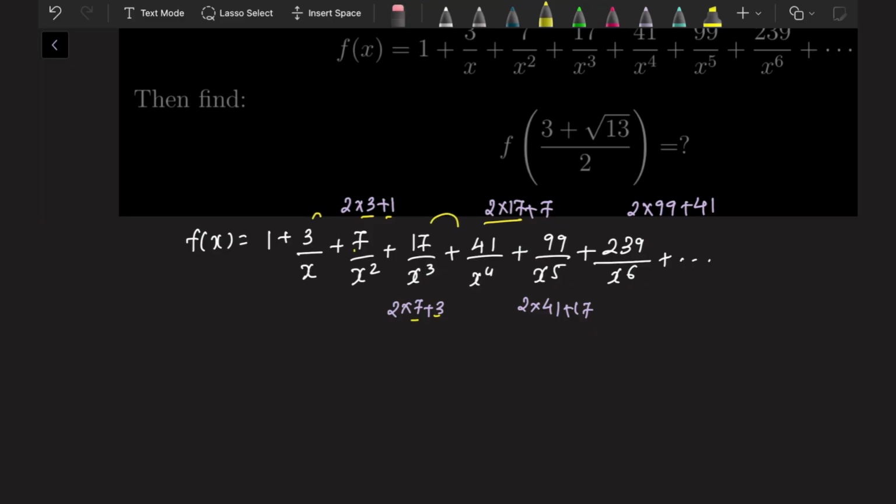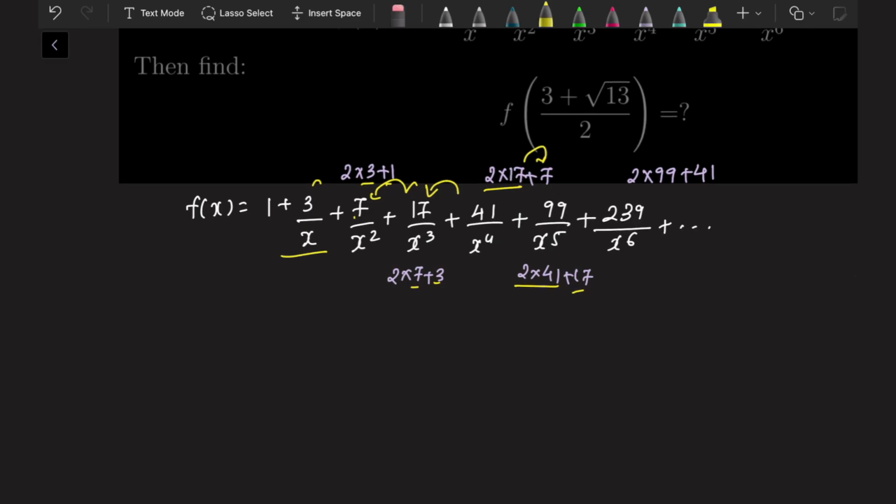For 41, 2 times 17, that is 2 times the previous term, and add the previous to previous term. For 99, 2 times the previous, 41, and then add the second previous, that is 17, and the same goes for 239. Even this pattern works for 3 also. Look carefully: 2 times the previous term, that is 2 ones are 2, and there is no more previous term, so we have nothing to add. That's why I'm saying just leave the first two terms and the pattern works very nicely for the rest.